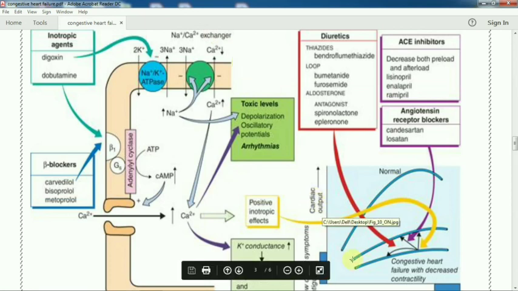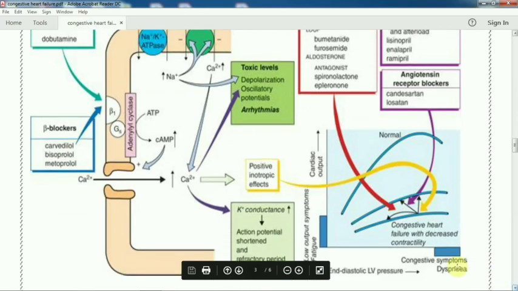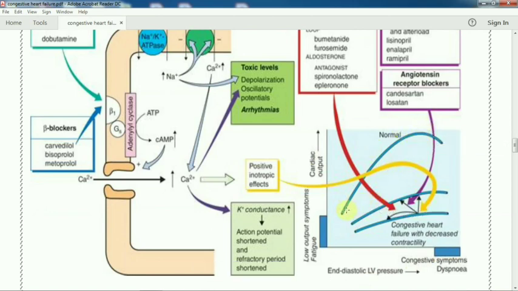See the cardiac output versus congestive symptoms. This is the normal human being's cardiac output. See the graph. But in a congestive heart failure patient, the cardiac output is very low.